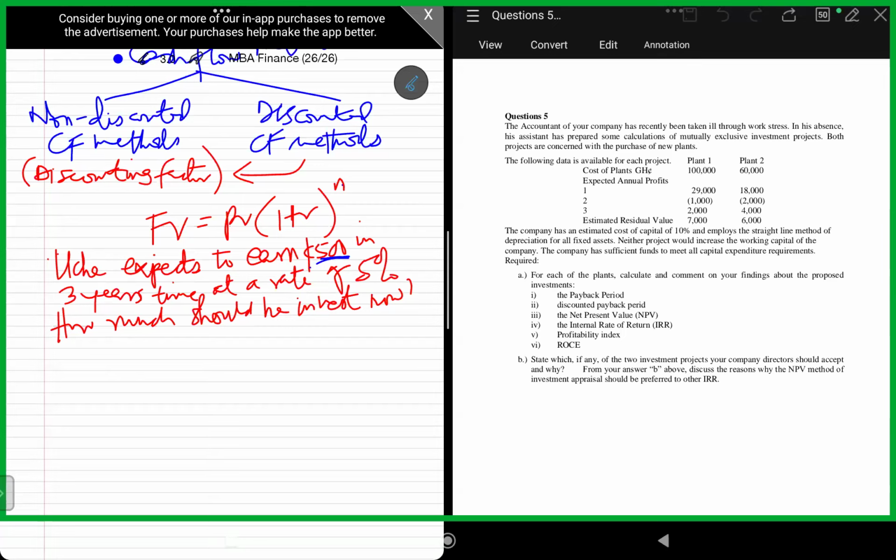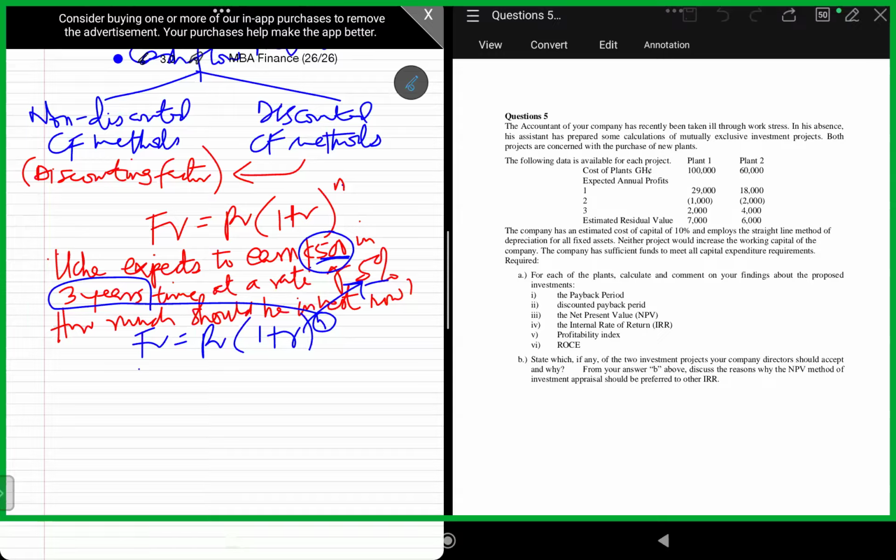In the formula, future value equals PV times (1 plus r) exponent n. The 500 is the future value, the 5% is the rate, sometimes represented by i, and n is the 3 years.